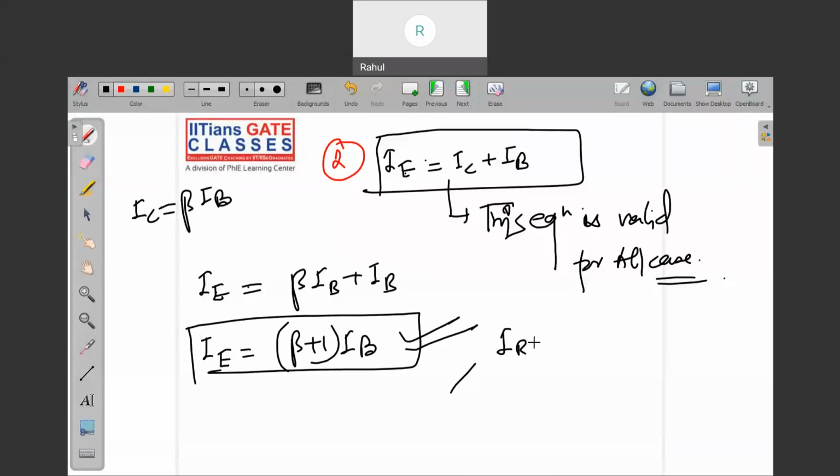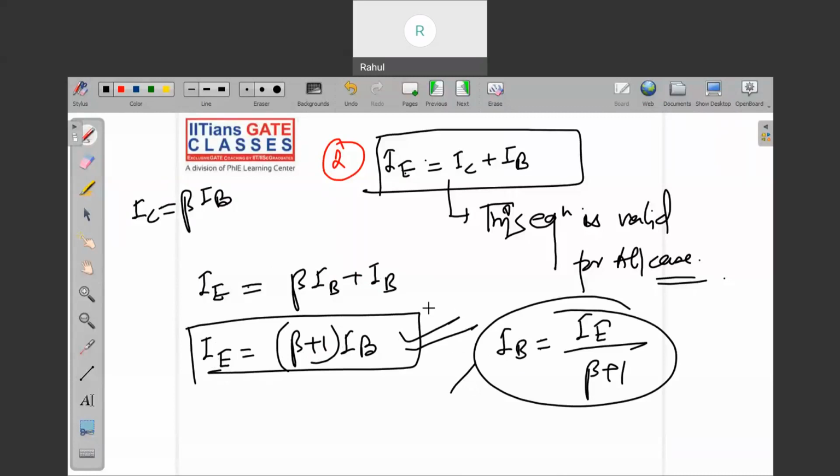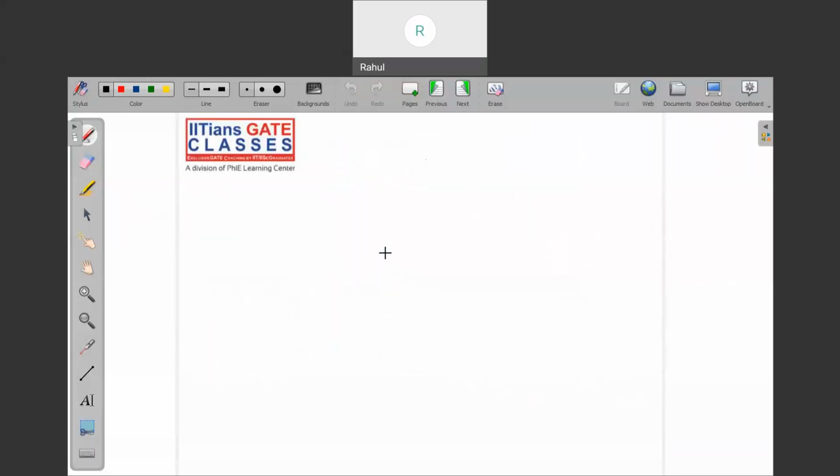And what is IB here? Suppose you know IB, so you can compute IE if beta is given. If you know IE, you can compute IB as IE upon beta plus 1. Suppose the current in the emitter terminal is known as IE. You are solving the problem, you know IE, and the beta of the transistor is given.